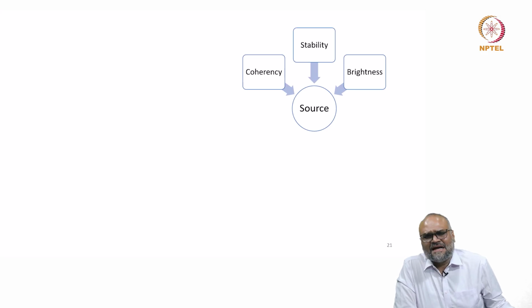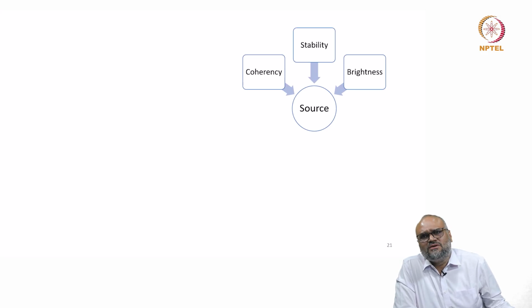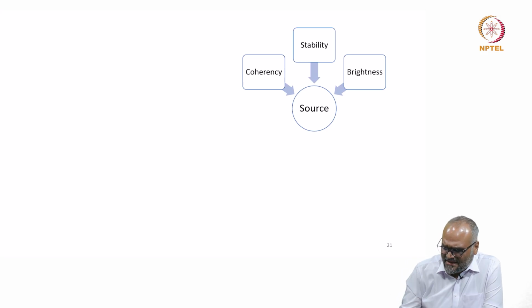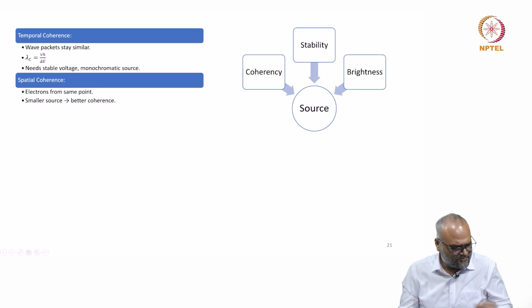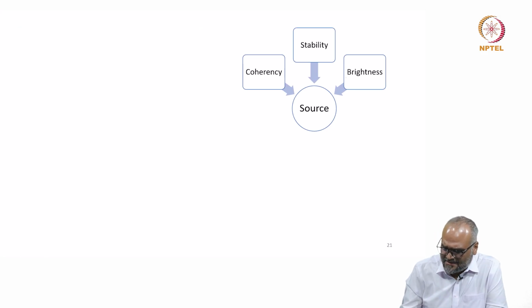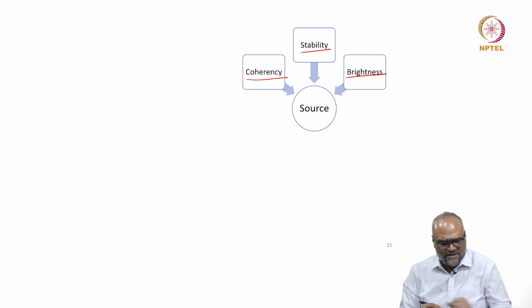Whether it is a scanning electron microscope or a transmission electron microscope, these three parameters do matter a lot for the kind of imaging or analysis that you want to do from a microscope. The parameters are brightness, stability, and coherency. Let us understand each one of these one by one.